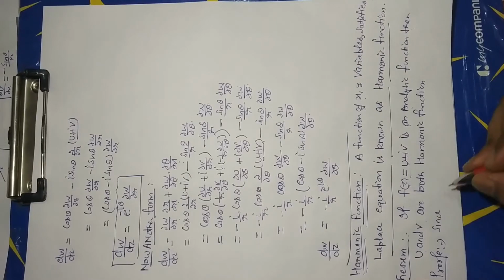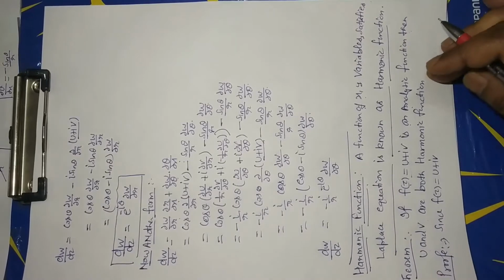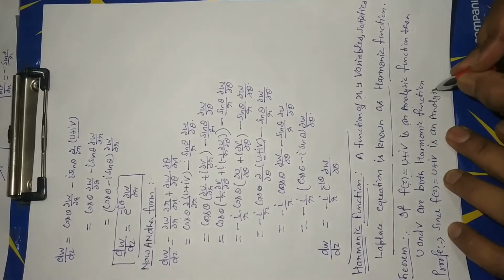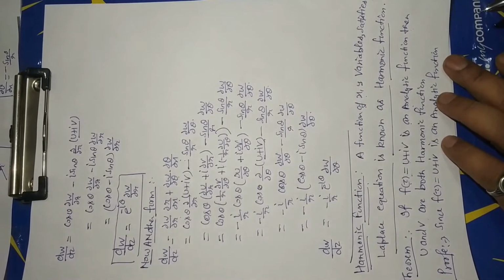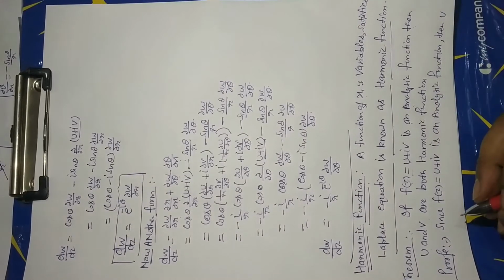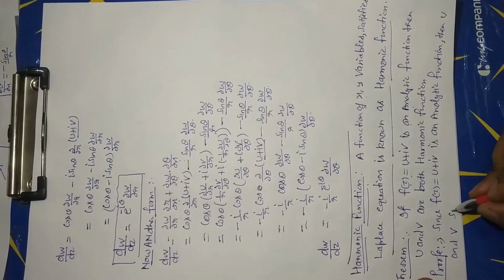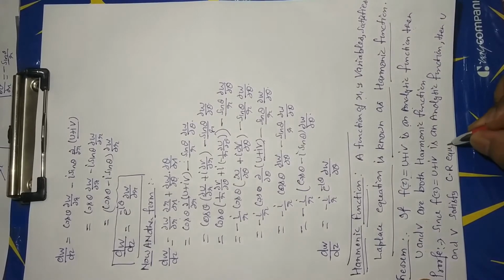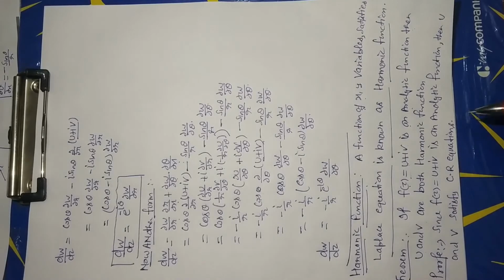Since f(z) equal to u plus iv is an analytic function, then u and v satisfy the CR equation, the Cauchy-Riemann equation.